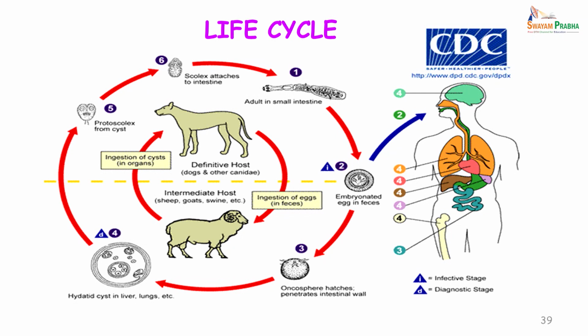And when a dog eats poorly cooked meat, that is the time when this hydatid cyst is going to release the larvae, and those scolex will attach to the intestine, where it will mature into the adult worm, and that is how the cycle will continue.